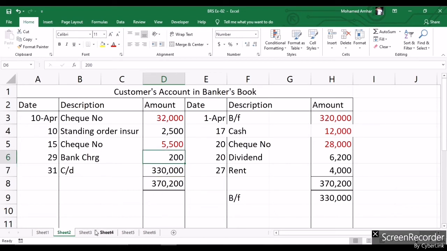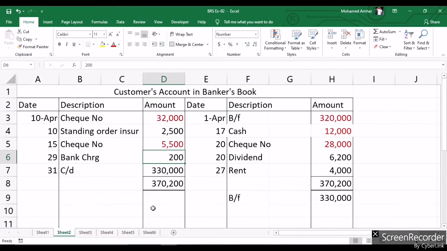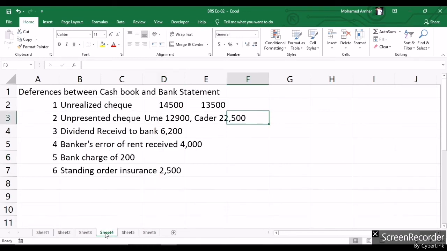So bank charge should be written under the differences, bank charge 200. Right. And another amount is no, that's all, bank charge. Right. Now we find out how many differences. 1, 2, 3, 4, 5, 6 differences we found.